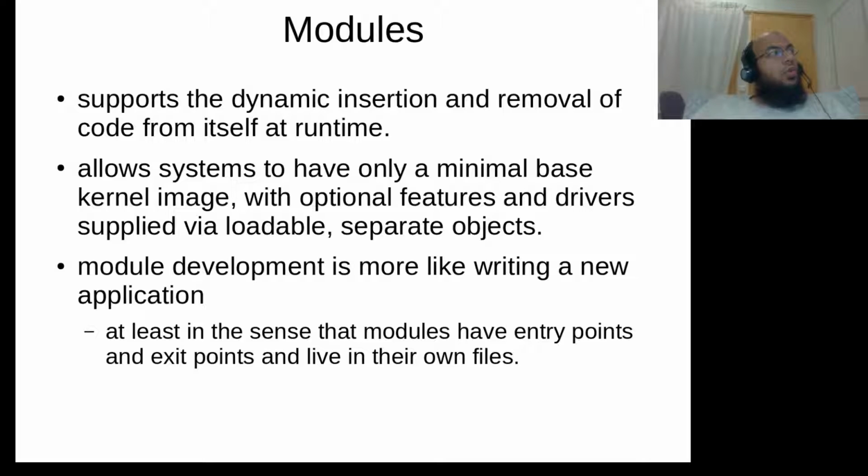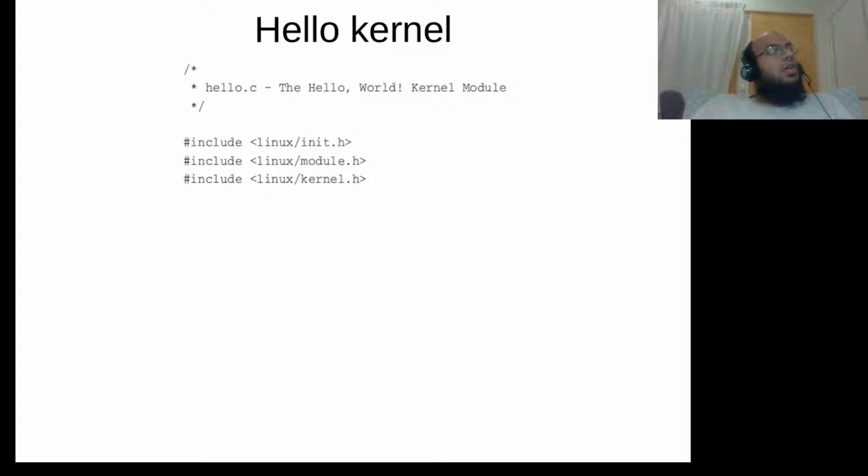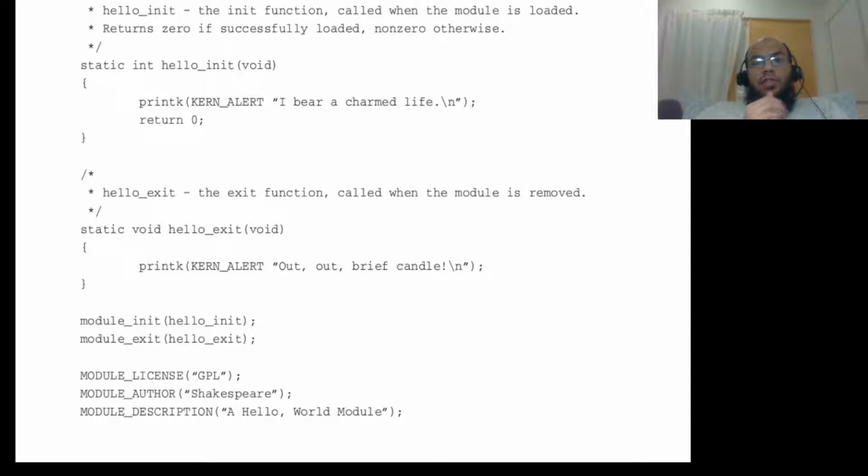Let's look at the hello world kernel code. First you need to include init.h, module.h, and kernel.h. These are the basic three includes that you would need. Then the very simplest kernel module would look like this.